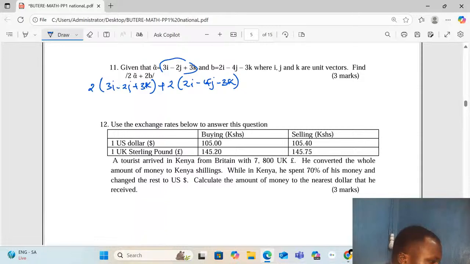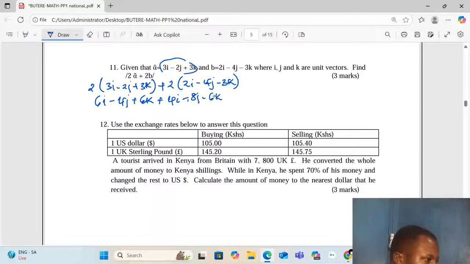So we open up so that we have 6i minus 4j, that is 2 times that one, then plus 6k, then plus, we open now this side, 4i minus 8j, then minus 6k, so that we collect like terms.